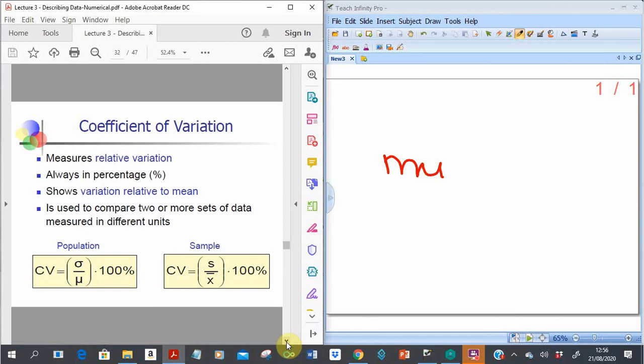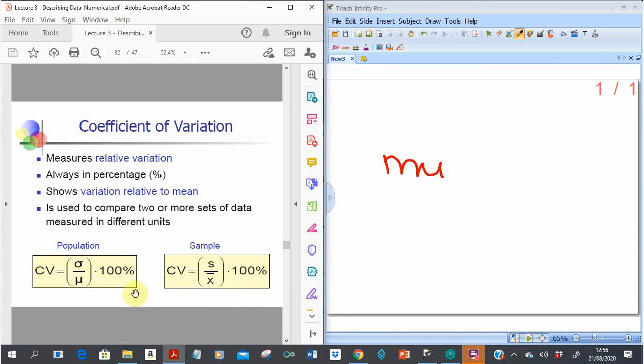Okay, so we now move to the coefficient of variation. This measures relative variation, and we can find the coefficient of variation for the sample and population as well. For the sample, it is given by the standard deviation over the mean multiplied by 100%. So the value should be a percentage.